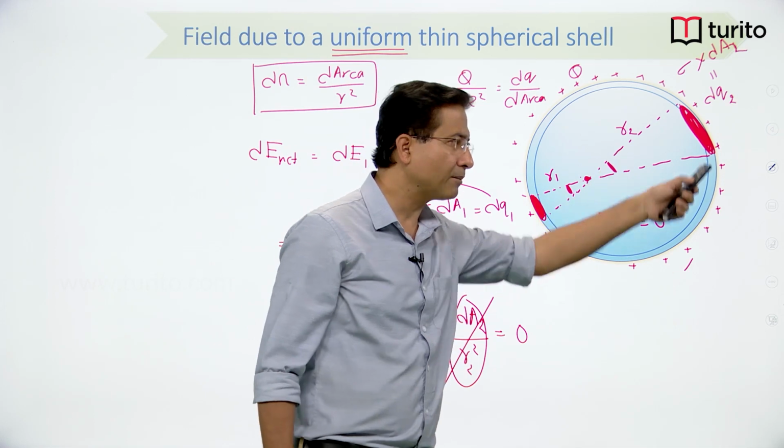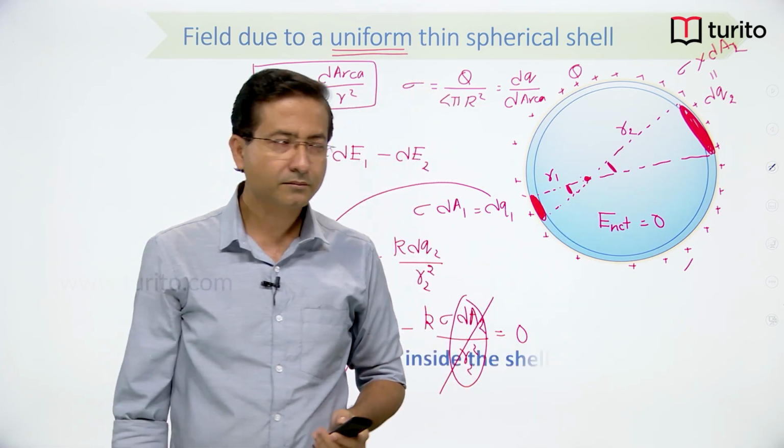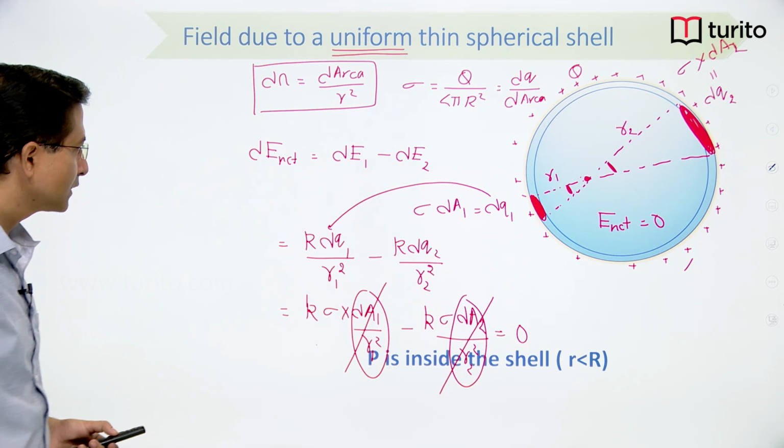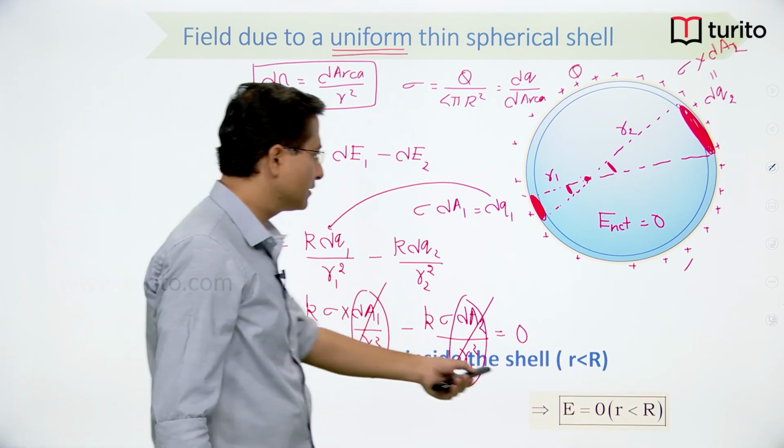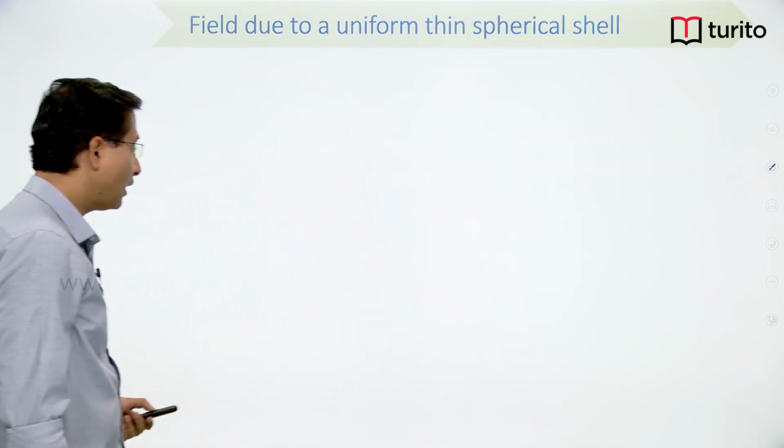So, I hope what happens inside is clear. Now, let us see what happens outside. Inside we have derived the field is 0. Now, outside.